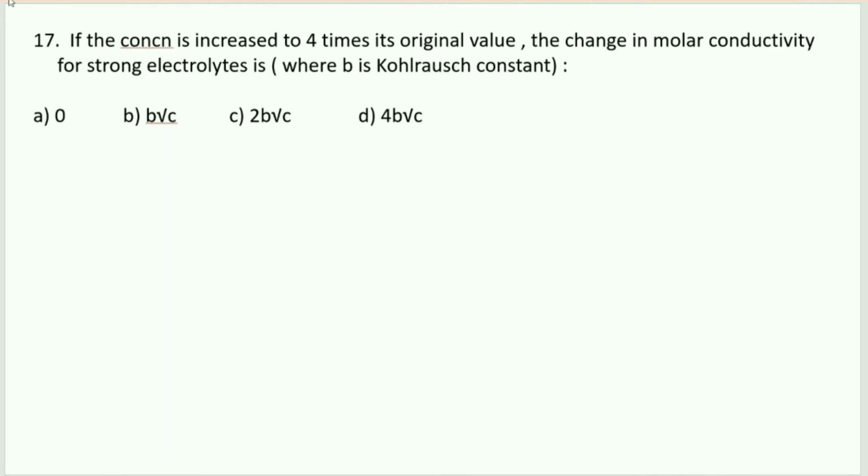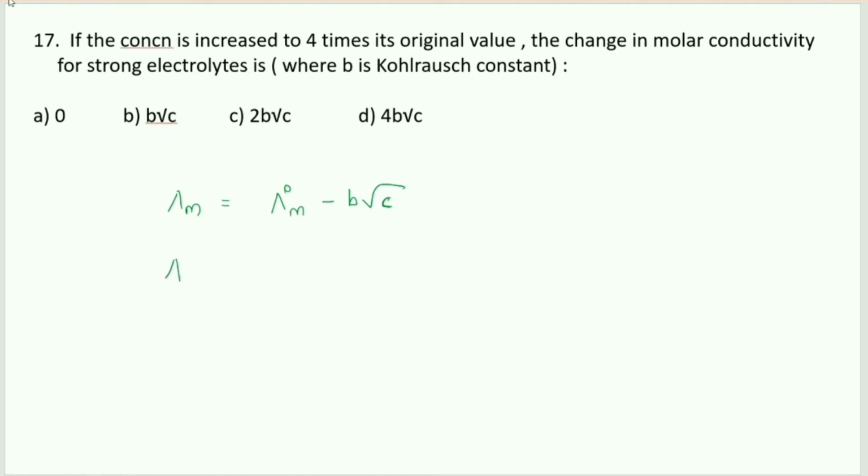17th, if the concentration is increased to 4 times its original value, find the change in molar conductivity for a strong electrolyte. The equation for molar conductivity is lambda m equals lambda 0 m minus b root c, where c is the concentration. It is given that the concentration is increased to 4 times.